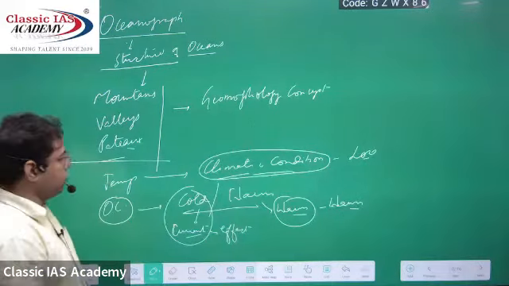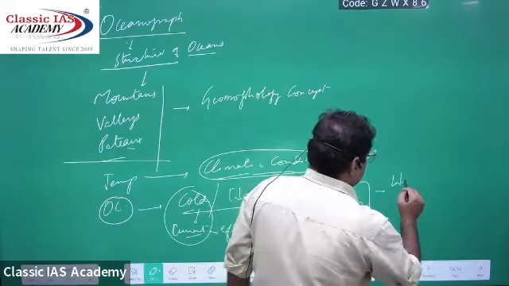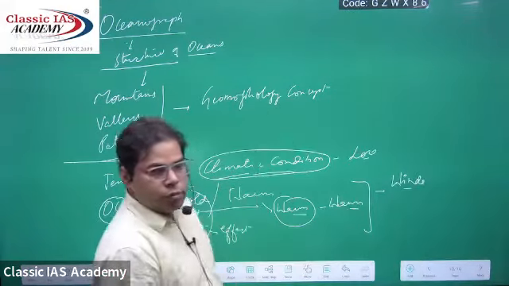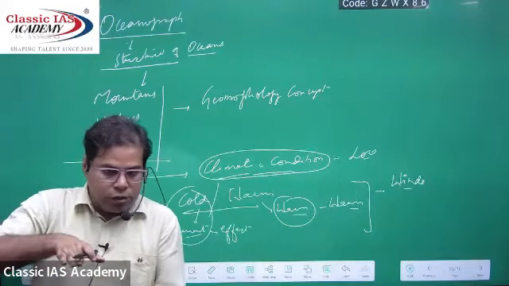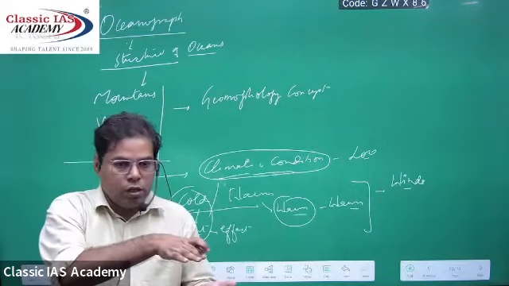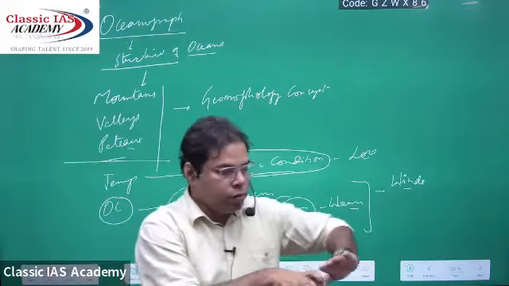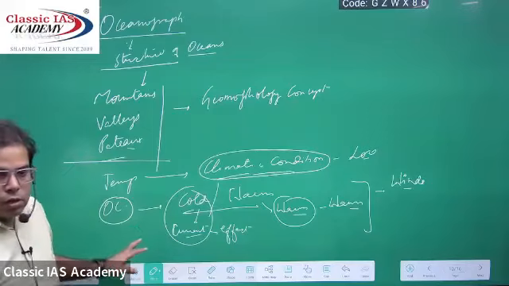Currents are always blowing. Currents always blow under the influence of winds. Why so? When wind blows, it drags water away, so there will be movement of water. When it reaches the shore, it will form waves or currents.